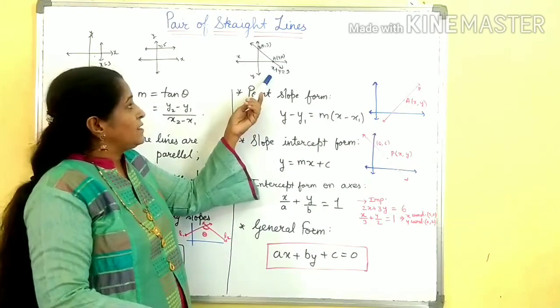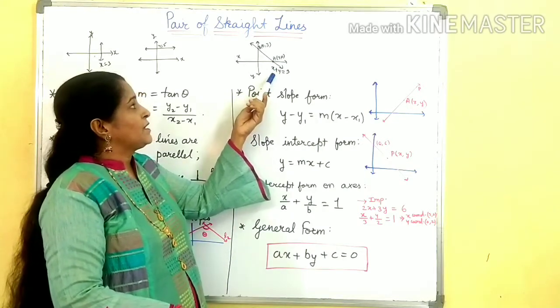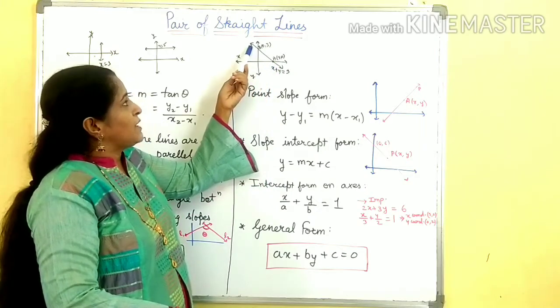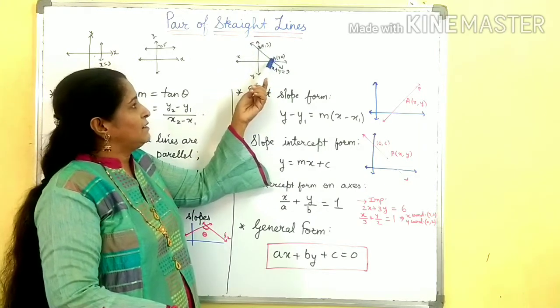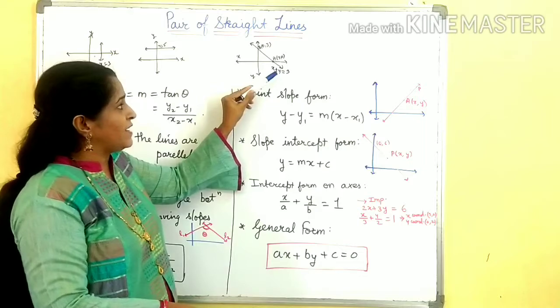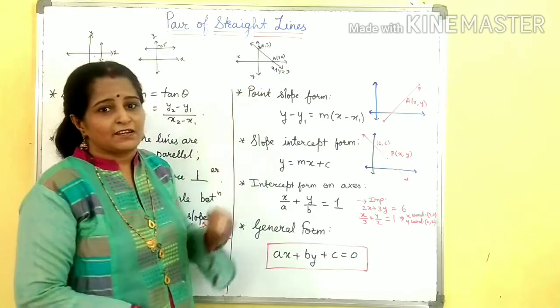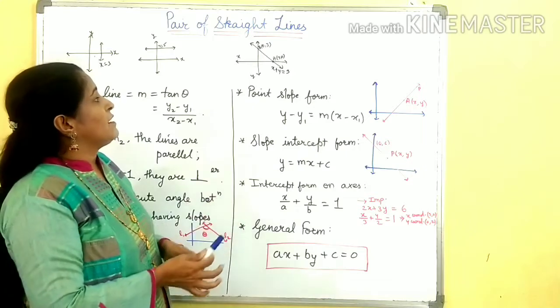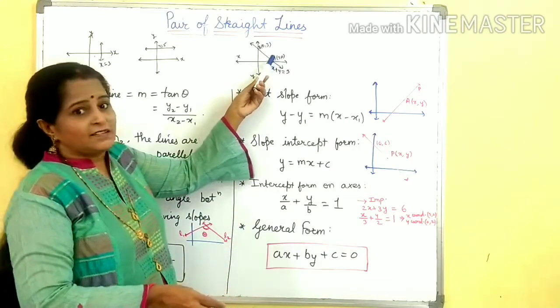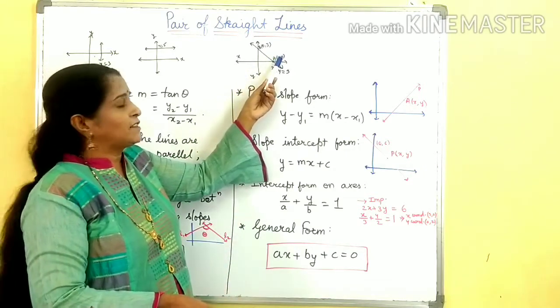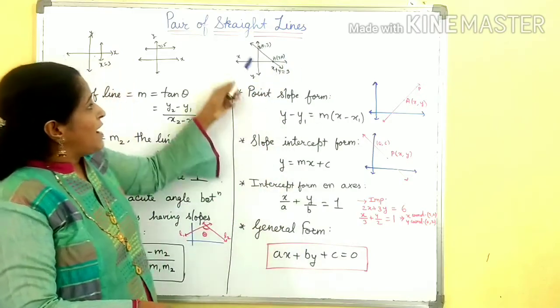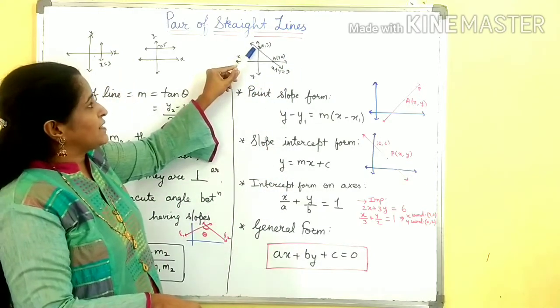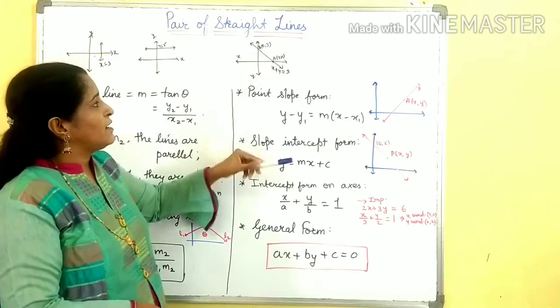Now here in this xy plane, the x and y axes are touched by the line x plus y is equal to 3. That means at the x axis the line touches at the point (3, 0), and at the y axis it touches at (0, 3).